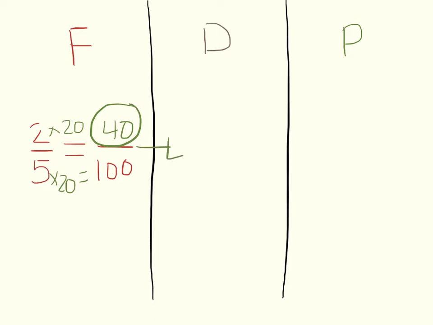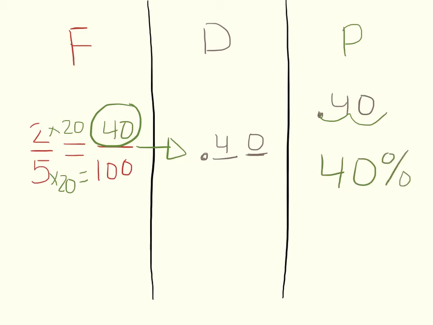When I write that as a decimal, I know the first place is the tenths place, second place is the hundredths place, and I have 40 hundredths. To turn a decimal into a percent, all we have to do is move the decimal 2 places to the right. That gives us 40%.